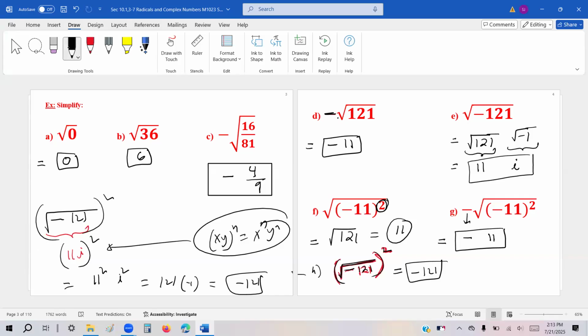If you take the inside, we always have to take the inside first, always. So if you take the inside first, it becomes an imaginary number. But if you multiply the imaginary number twice, it becomes a real number. On the other hand, negative squared turns into positive. So when the square is inside, it makes things positive. But when the radical is inside and the power is outside, the answer is negative.